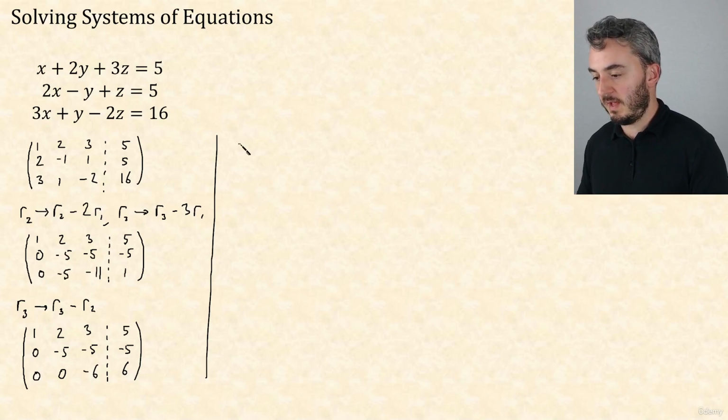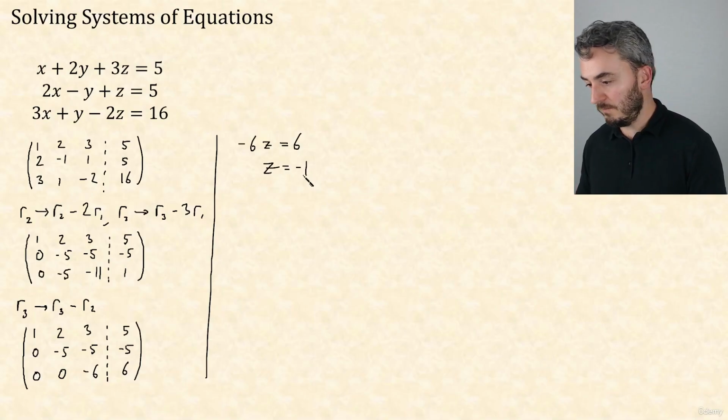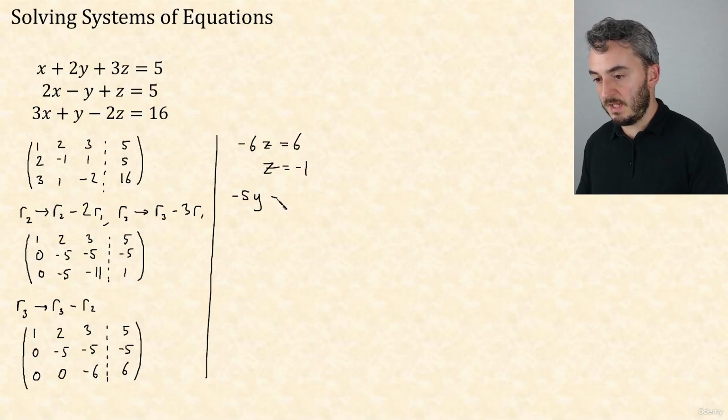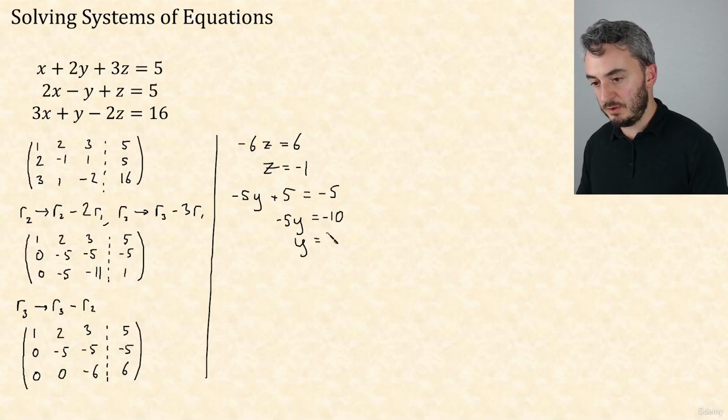Solving the bottom line, we have minus 6z equals 6. So z is minus 1. Row 2, we have minus 5y minus 5 times z, so that's plus 5, equals minus 5, giving me minus 5y equals minus 10, and y is 2.